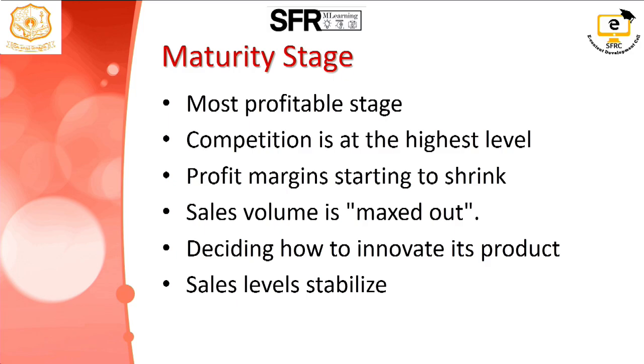Competitors keenly observe our products, and competition is now higher than at other stages. Sales levels stabilize and the company tries to keep its product in the maturity stage for as long as possible. The last stage is the decline stage.